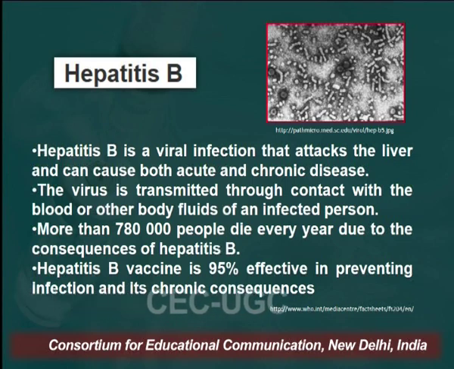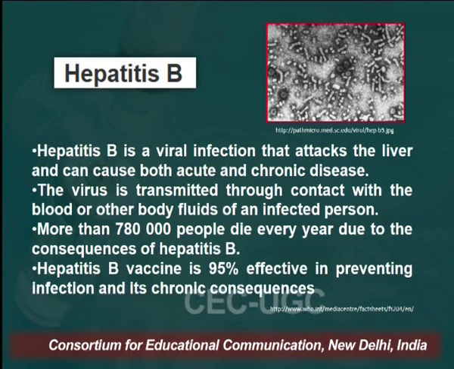The virus is transmitted through contact with the blood or other body fluids of an infected person, and more than 780,000 people die every year due to the consequences of hepatitis B virus infection.